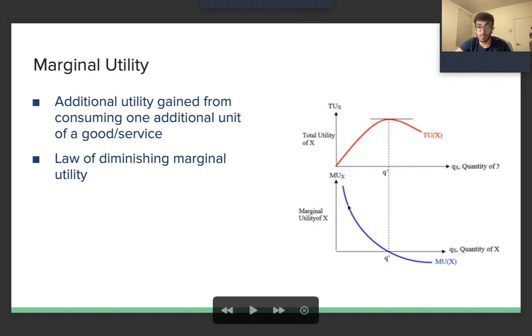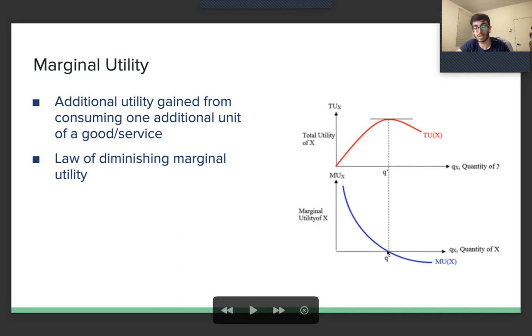So you have a downward sloping marginal utility curve for the same reason, and that's why you have this hill shaped total utility curve, which goes to show that up until some point, the top of this hill, you have a positive marginal utility. Even though the marginal utility is decreasing, it's still positive.